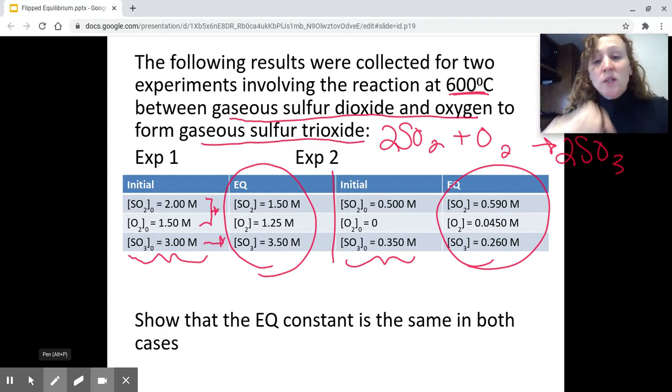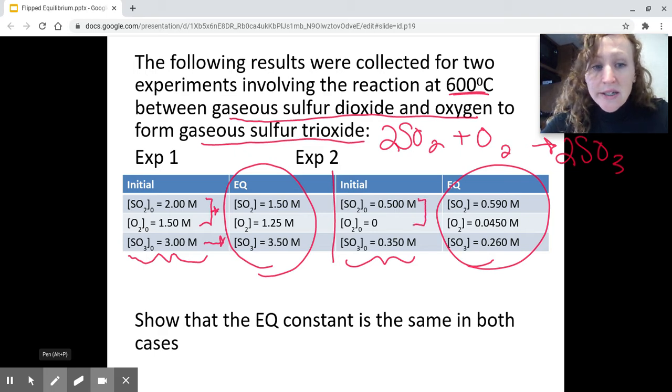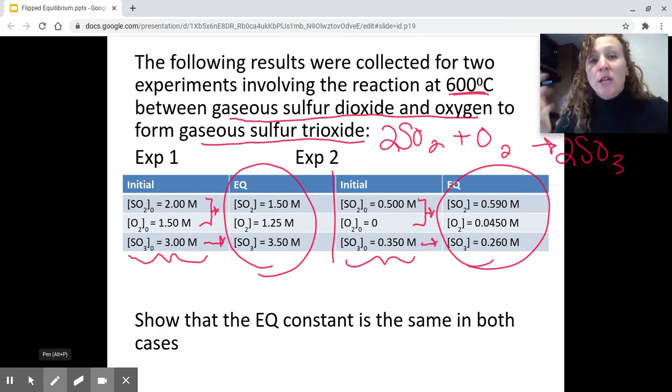Experiment 2 went a totally different direction. The reactants actually increased. Notice you had some sulfur dioxide present initially and no oxygen, and both of those amounts actually increased. The products actually decreased a little bit in order to get to equilibrium.